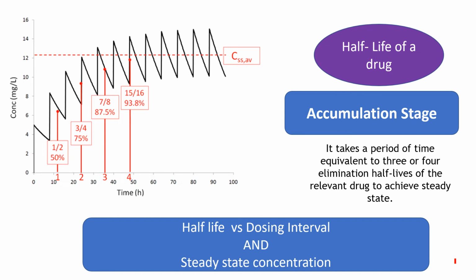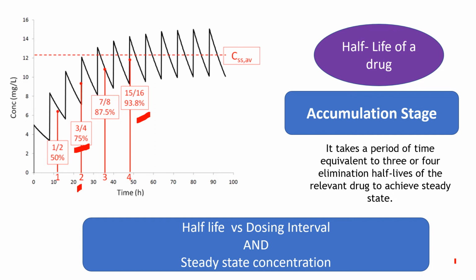By the time of two half-lives, the concentration of drug in plasma reaches 75% of the steady-state plasma concentration. It takes a period equivalent to 3 or 4 elimination half-lives of the relevant drug to achieve the steady-state plasma concentration. At 4 half-lives it is about 94%, and beyond that it becomes 96, 97%.